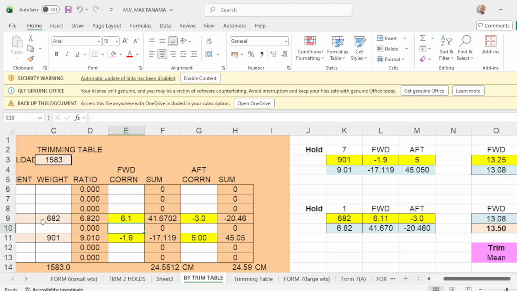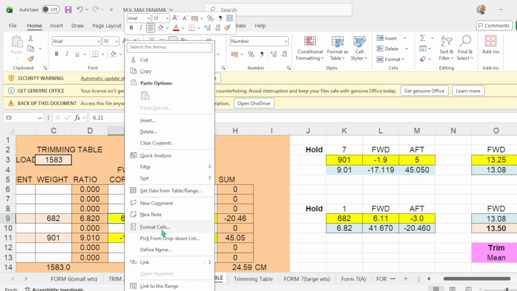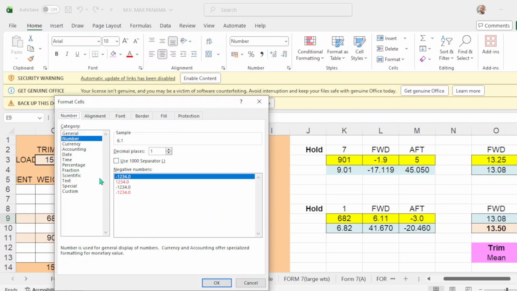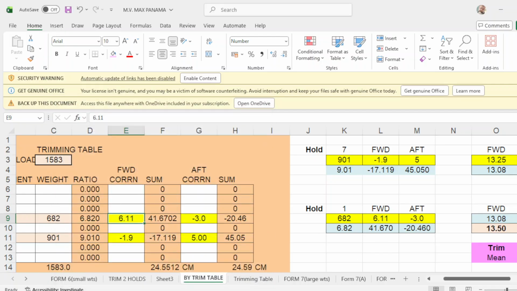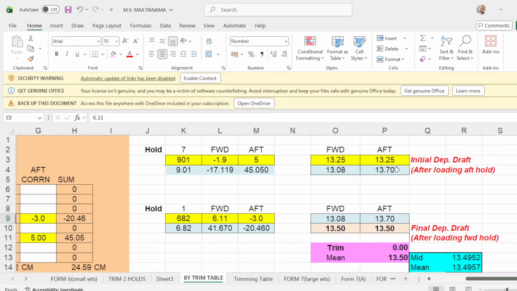And number 1 you load 682, and forward correction is 6, because we adjust this one, that's why 611, and up is 3. Okay, that's why 611. And this is the initial drop forward and up.